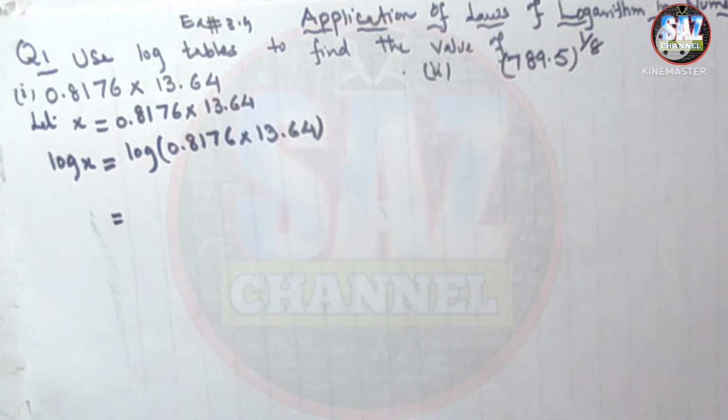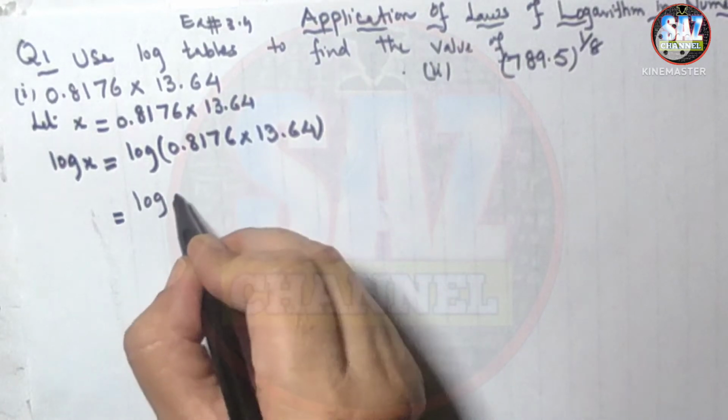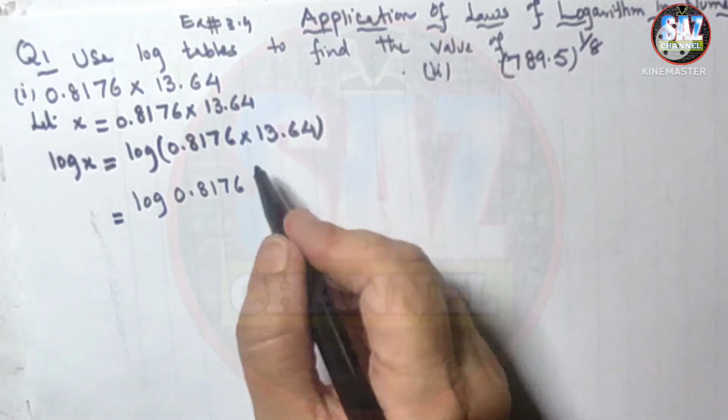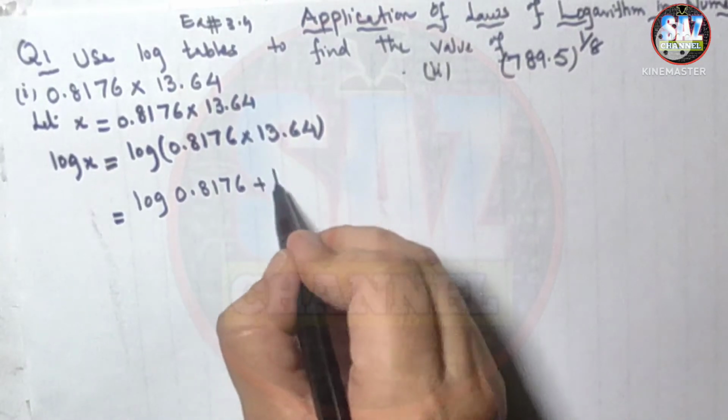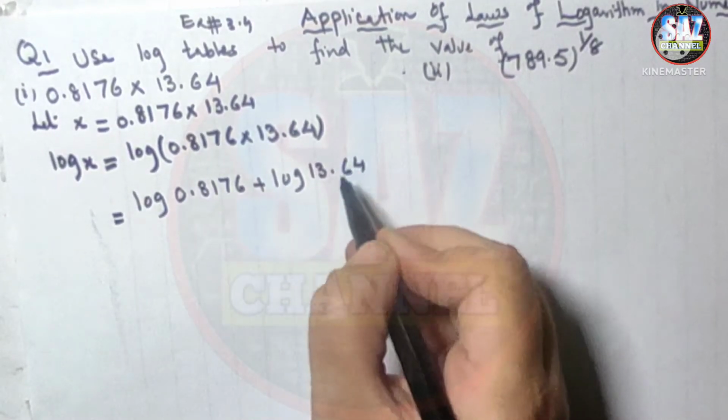So recall which law of logarithm we are going to apply when two numbers are multiplied together. We have to write log of the first number, log of 0.8176, plus log of 13.64.